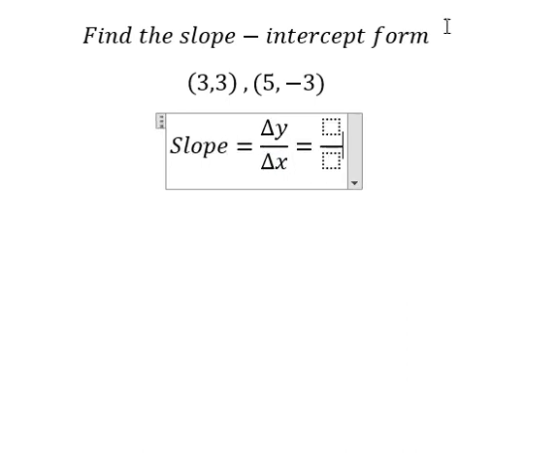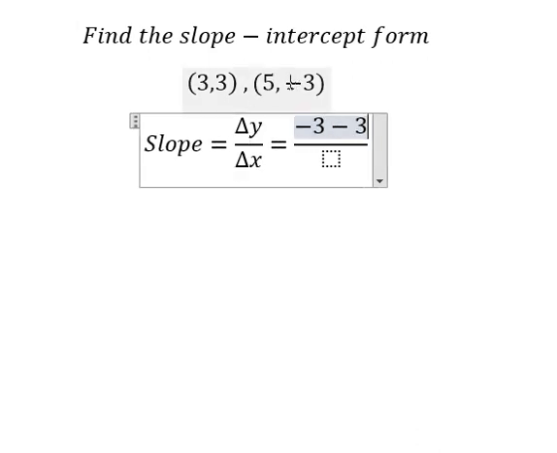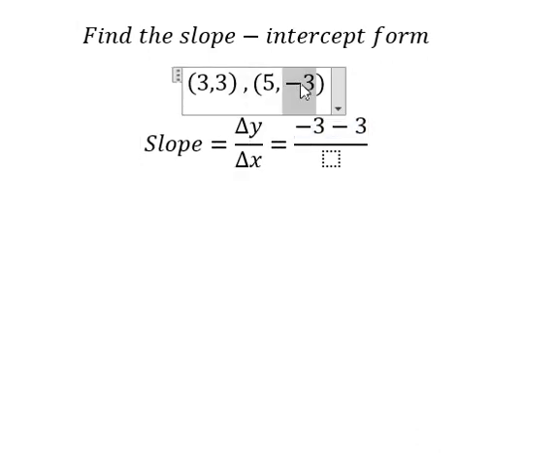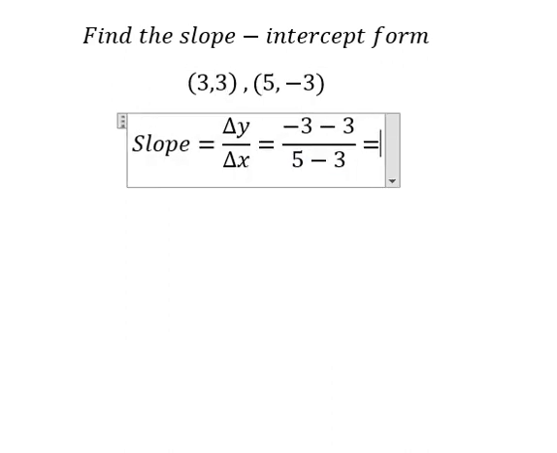That means we need to put negative 3 minus 3. That's the difference between this one and this one, 5 minus 3. So we calculate, and we have negative 3.